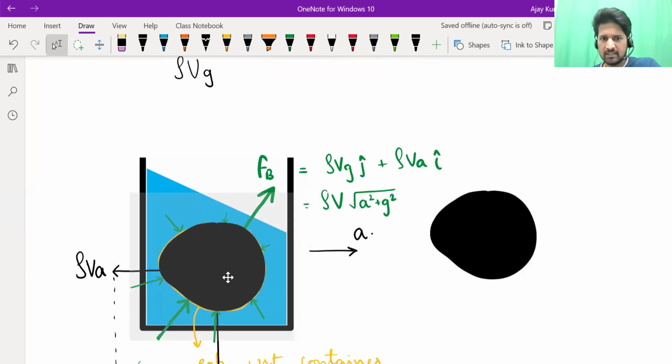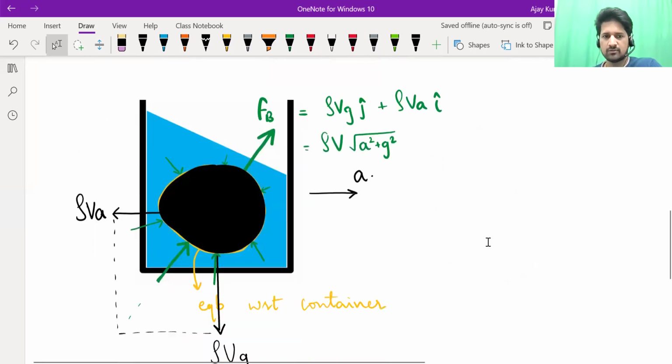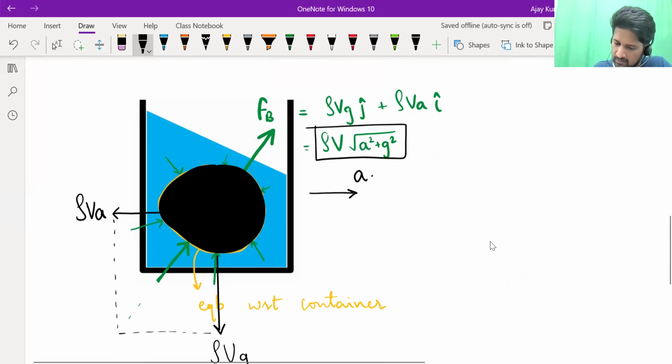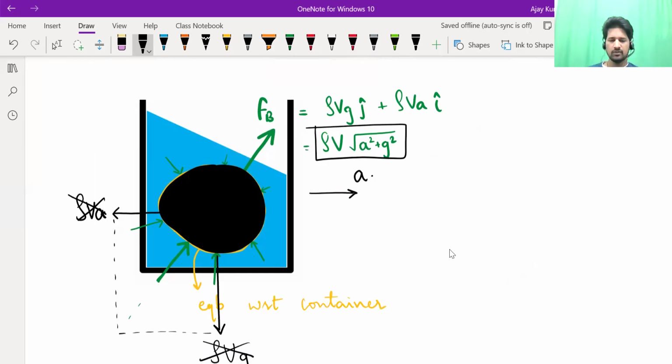The buoyant force acting will be the same. Pseudo force will change, weight will change. Buoyant force arises due to pressure distribution of the surrounding liquid, so this same amount of buoyant force will keep acting. These two forces will change, and depending on which of those two forces are stronger than buoyant force, the object may sink, it may rise, it may move to the left, it may move to the right.